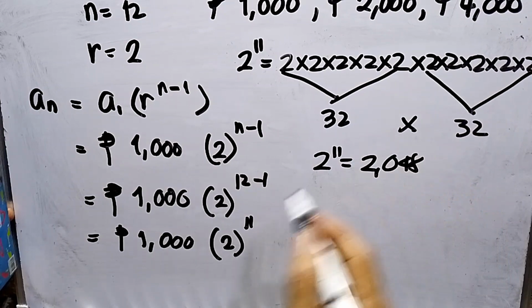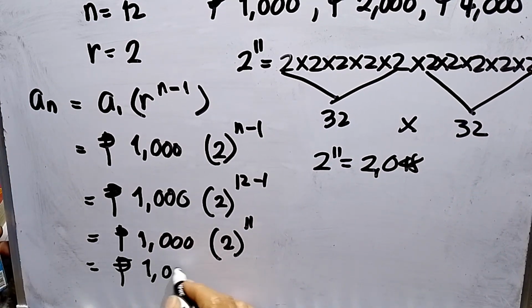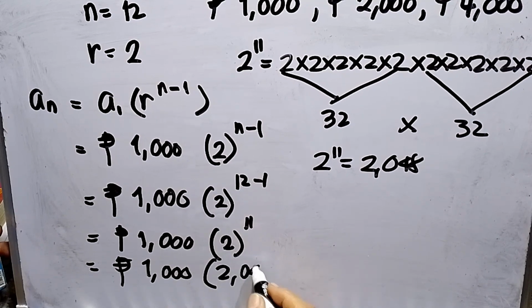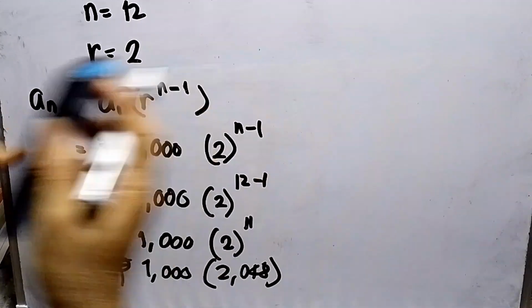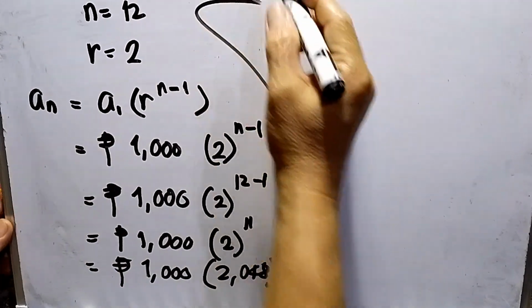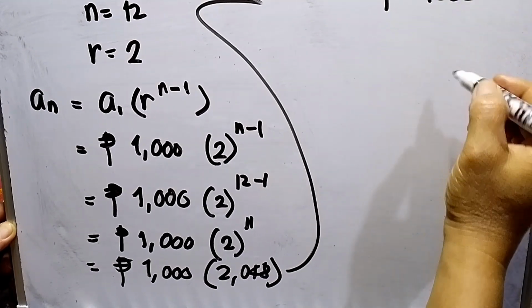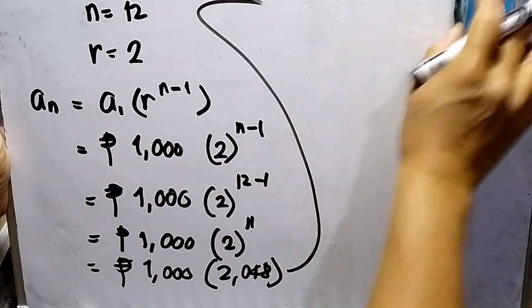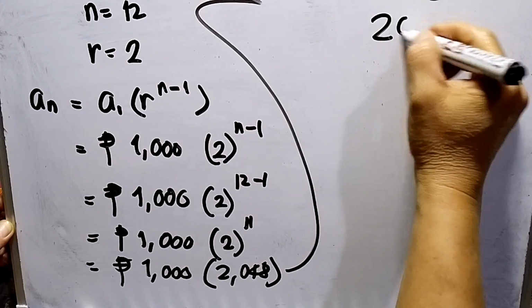And then I need to multiply in here. 1,000 times 2,048.